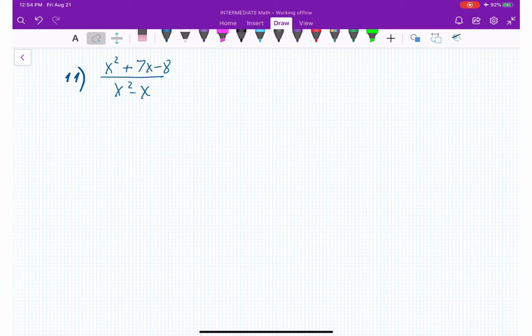So any kind of factoring we have learned, we can apply to simplification of rational expressions.